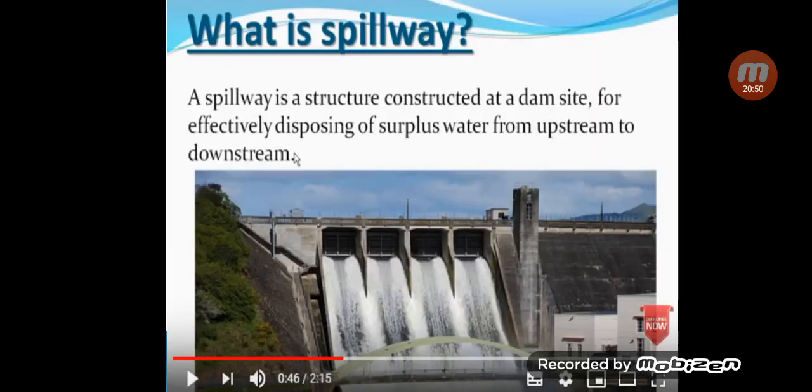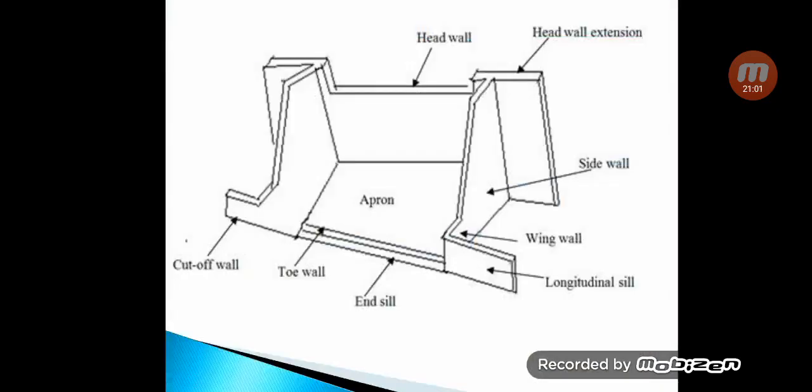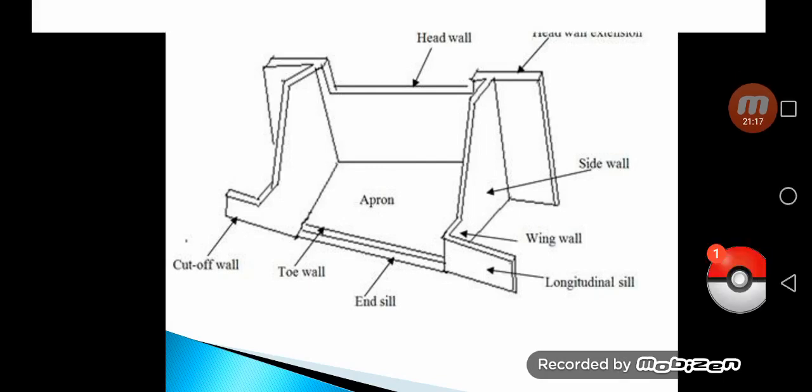So this is the head wall. Second is the head wall extension. It extends from the inlet to both sides to prevent the seepage of water.